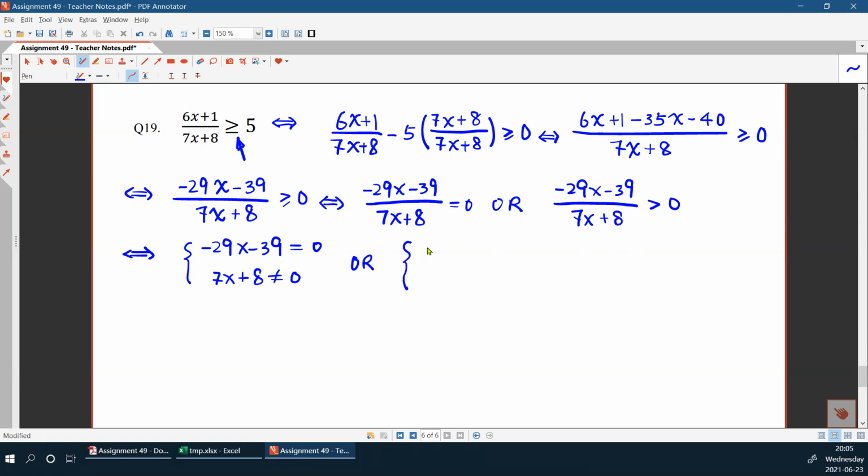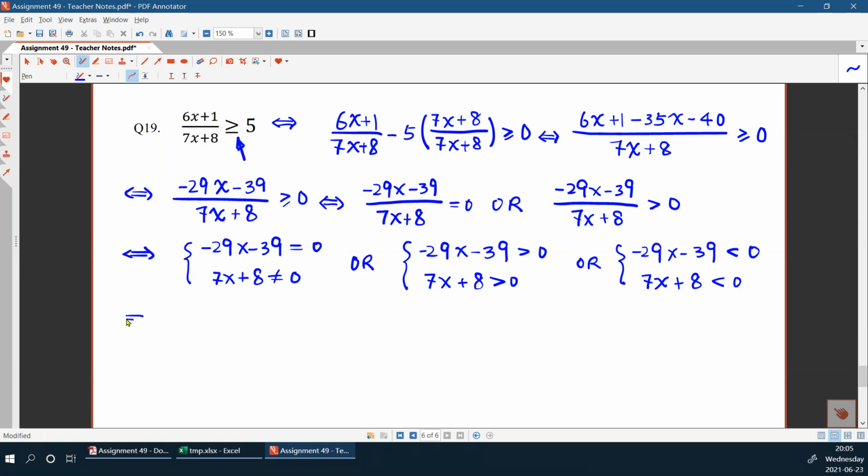You can either have a positive numerator and at the same time a positive denominator, or you can have a negative numerator and at the same time a negative denominator.